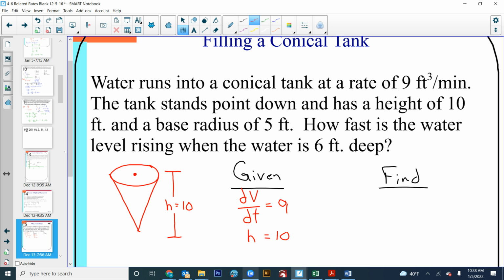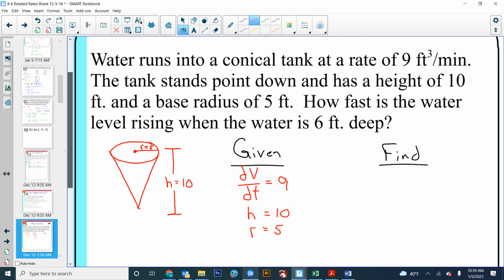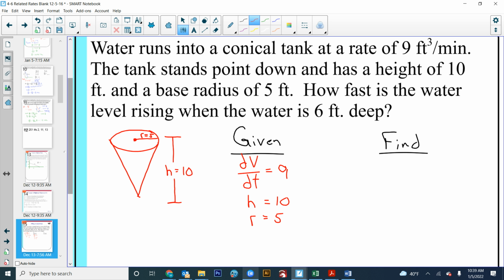And a base radius of 5 feet. Okay, base radius does not mean the bottom of the picture. The base radius is the circle part on the cone, right? So the base radius is 5 feet. Everybody good with that? The base radius of the cone. How fast is the water level rising when the water is 6 feet deep?